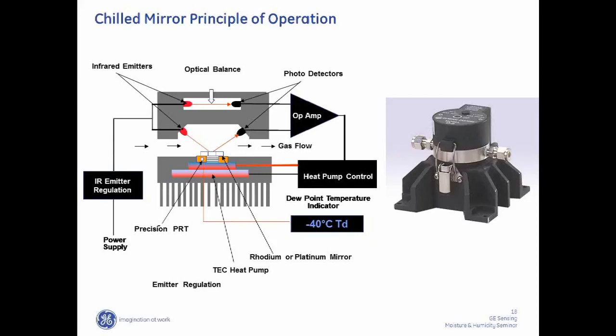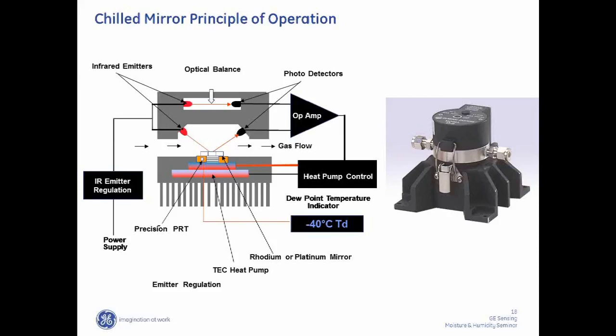And it continues to do that until the system settles out and you have a constant mass on the mirror. That temperature, when you have an equilibrium where the amount of water evaporating off the mirror and recondensing is equal, the temperature of the mirror by definition is equal to the dew point.